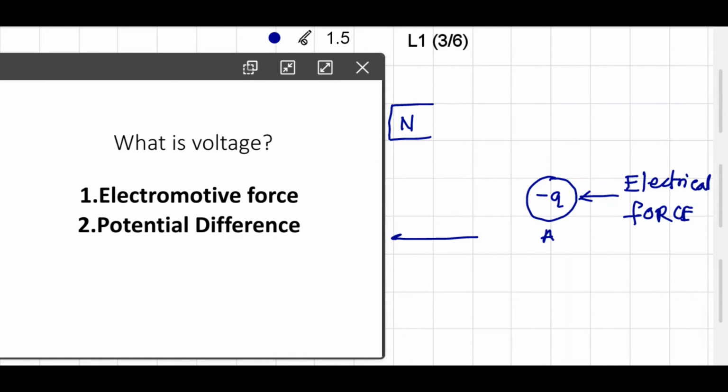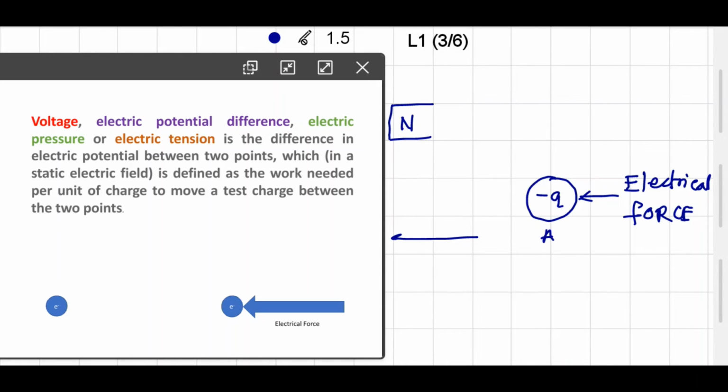When we talk about voltage, there are two types of things: one is electromotive force and another is potential difference. We are going to see what those concepts are.